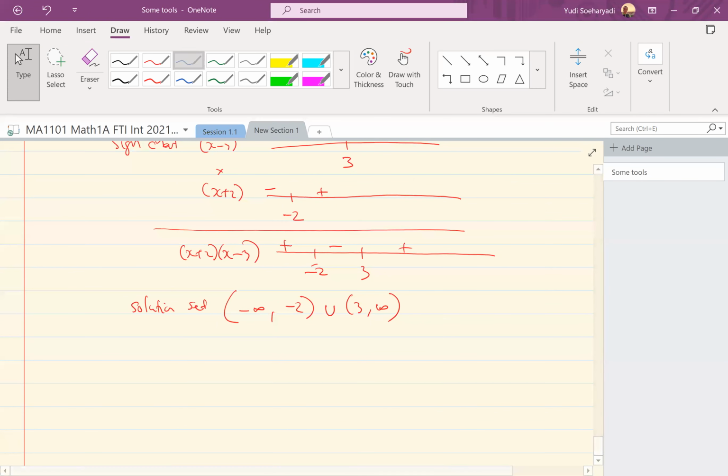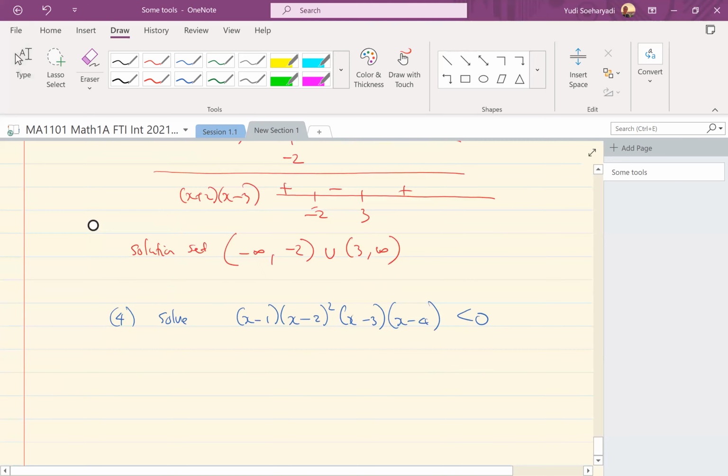Okay, so for example, if you solve, oh, sorry, not plus. So x minus 4, for example, find something negative.